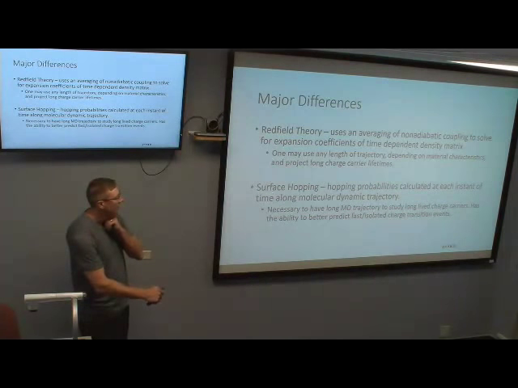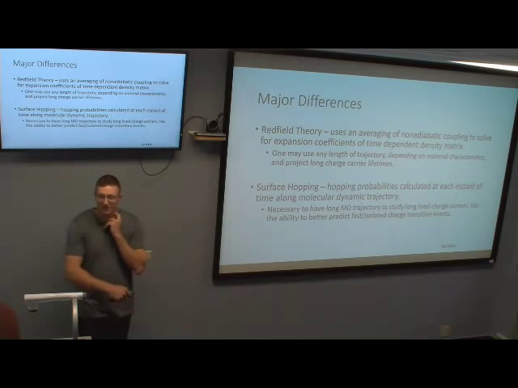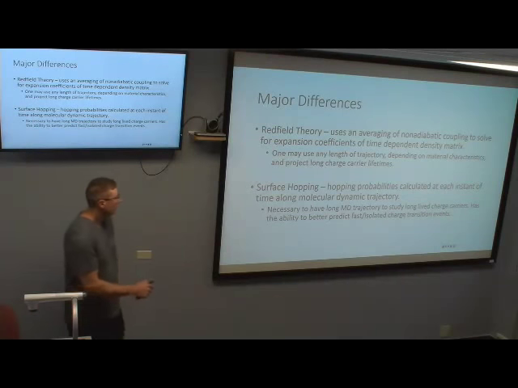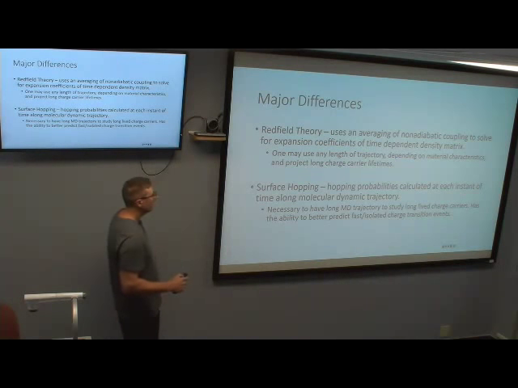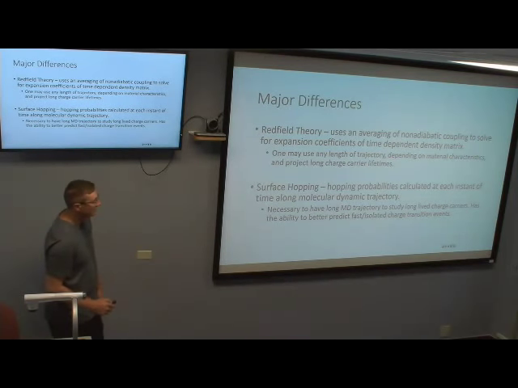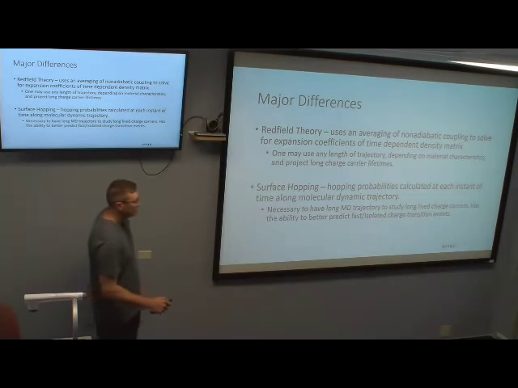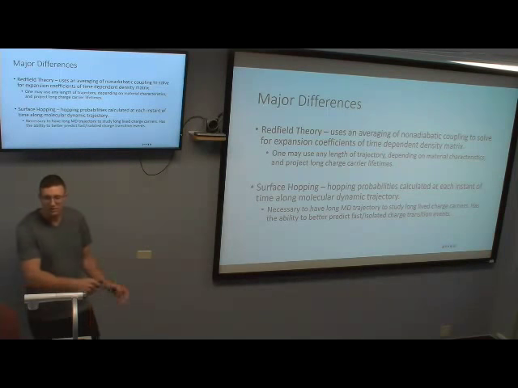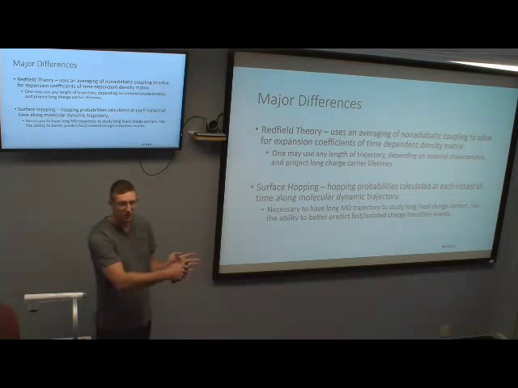Okay, so I'm going to jump to this, because we're talking about how we think about these two different things before diving into specifics. One of the major differences I saw when putting this together is that with Redfield theory, we take an average of the couplings over the trajectory, so you get a very general idea of the adiabatic couplings between these states.